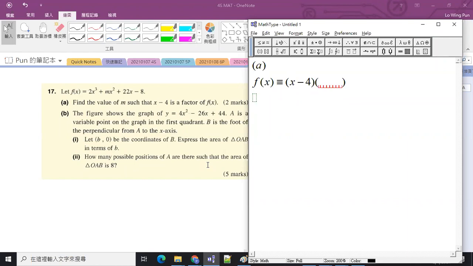is divided by x minus 4, there should be no remainder. Can you see this? f(x) can be completely divided by x minus 4 with no remainder.